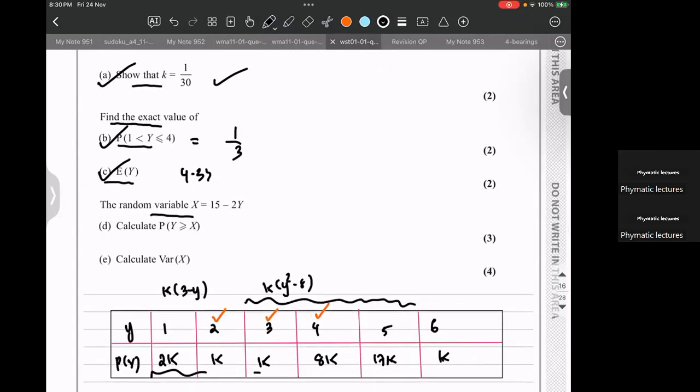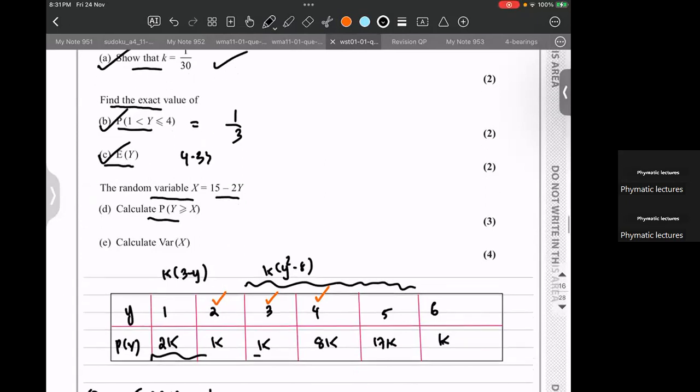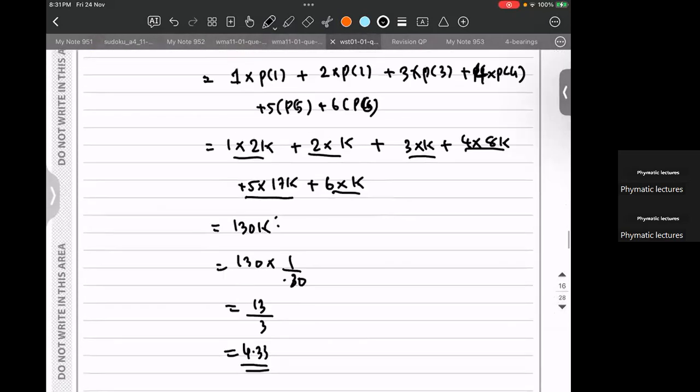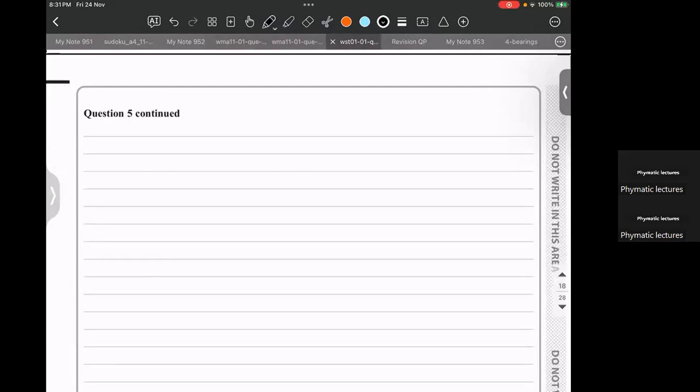Then the random variable x is 15 minus 2y. Calculate the probability of y greater than or equal to x. So in this D question, the variable x is defined as 15 minus 2y.